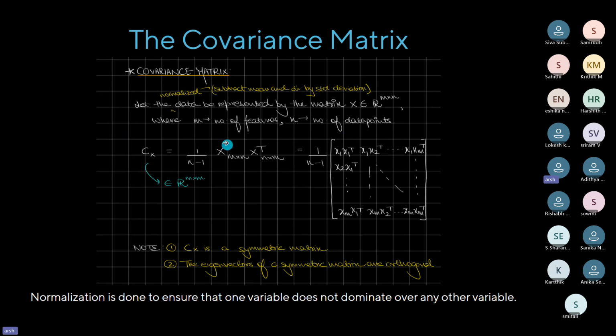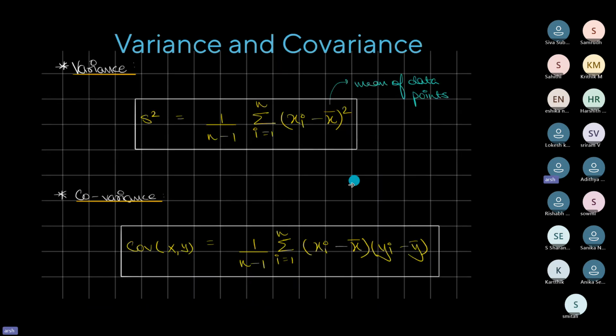And as I just said, you normalize the data so that one feature does not dominate over another feature. This is how you define your covariance matrix Cx: 1 over n minus 1, X into X transpose. And as you can see, this will become this matrix. This is a symmetric matrix because the covariance of x comma y is the same as the covariance of y comma x, as you can see from this formula.